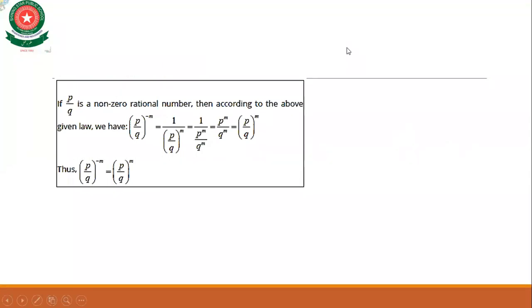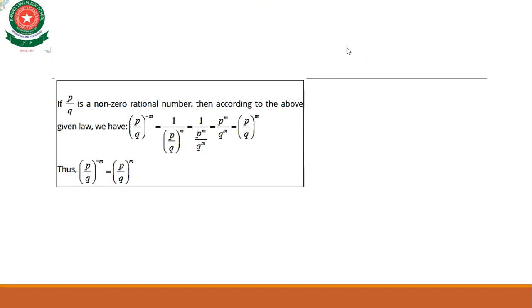Now, if p and q are non-zero rational numbers, then according to the above law, we have (p/q)^(-m) equal to 1 over (p/q)^m. Now we simplify it by taking the power on each of p and q.